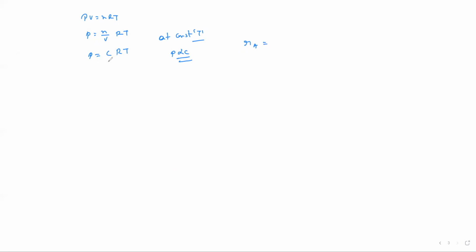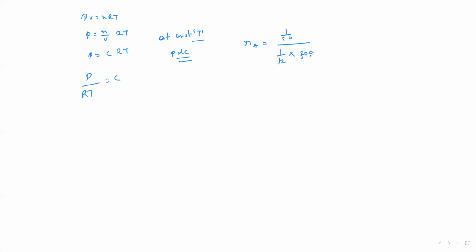Pressure to concentration: P by RT equals C. You have to divide 1 by 20 by RT. R value is 1 by 12, temperature is not given, so you have to take 298 Kelvin, or you can just write 300 Kelvin.